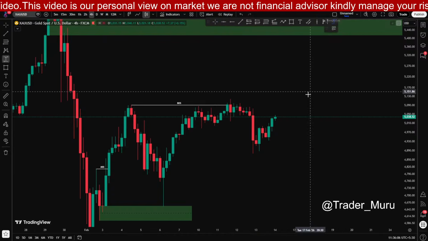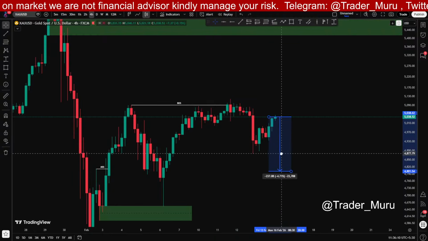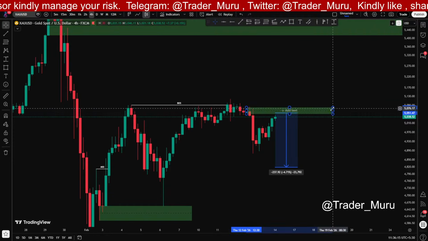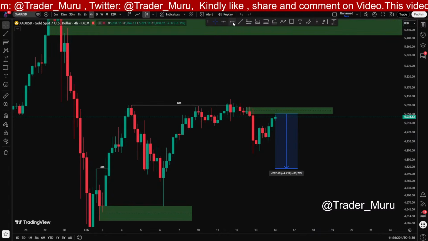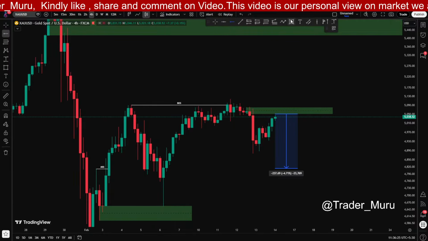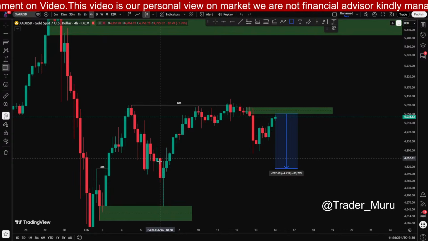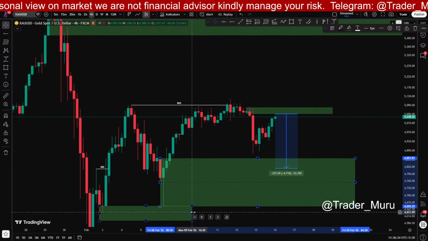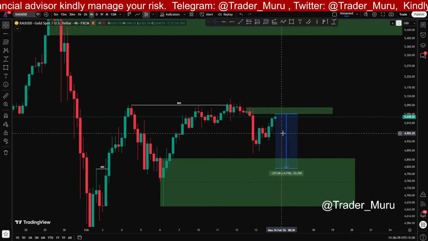So if we measure this here and put it from the recent high or the supply here, then it will be near this zone here, this big candle, this big demand area, the lowest bearish close, this full body, and the bottom wick. So this is the zone from where price can again pump.